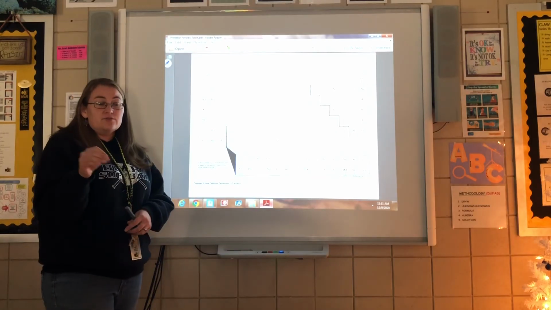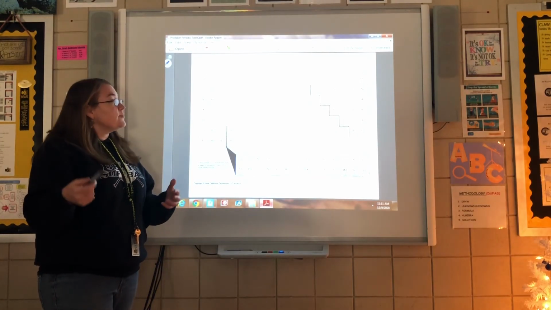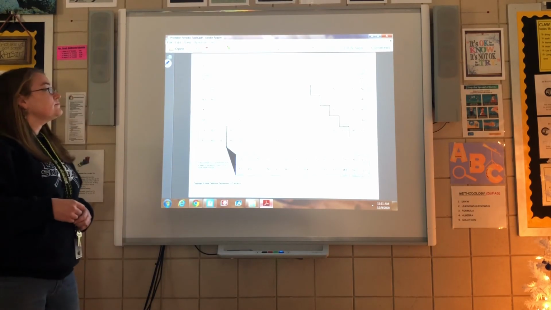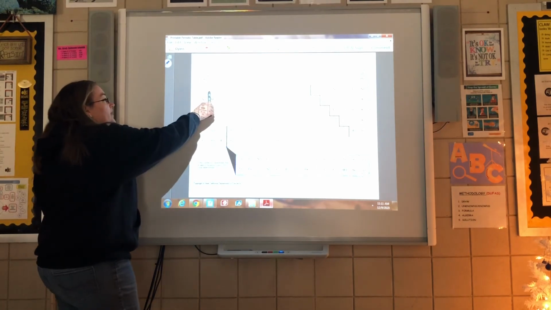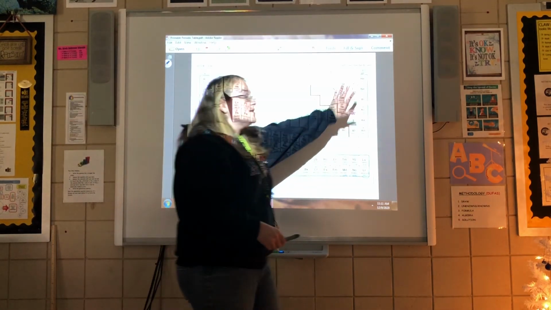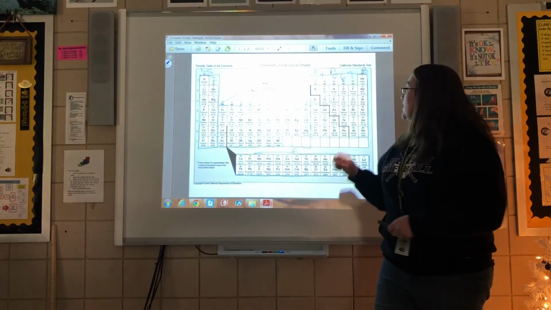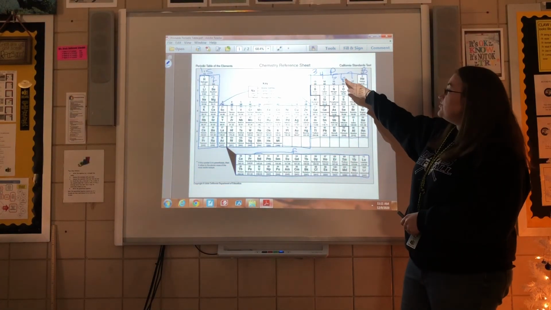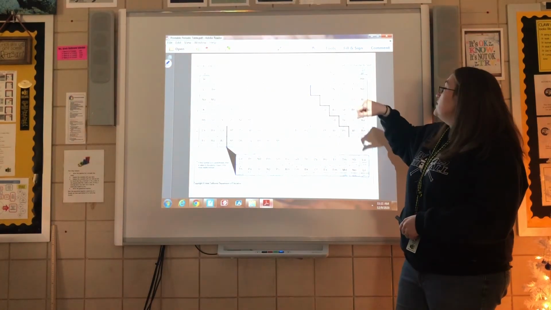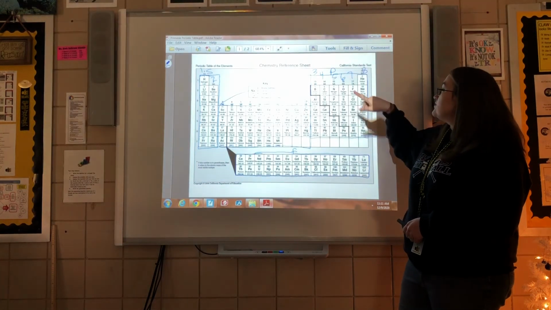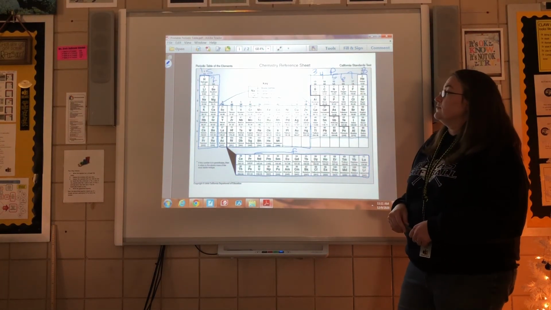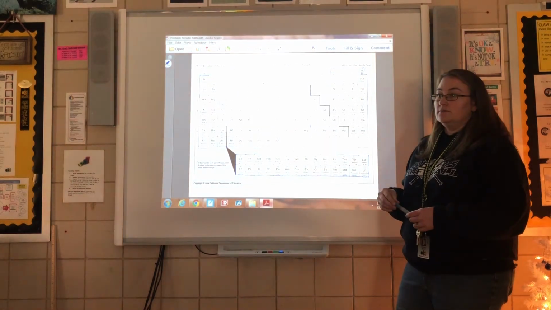Those dots on your Lewis structure are representing those valence electrons. Do you notice that everyone you have matches the one up here, with the exception of helium? So if you have oxygen, you should have 6 dots. You have fluorine, you should have 7 dots. Chlorine should have 7 dots, following that pattern.